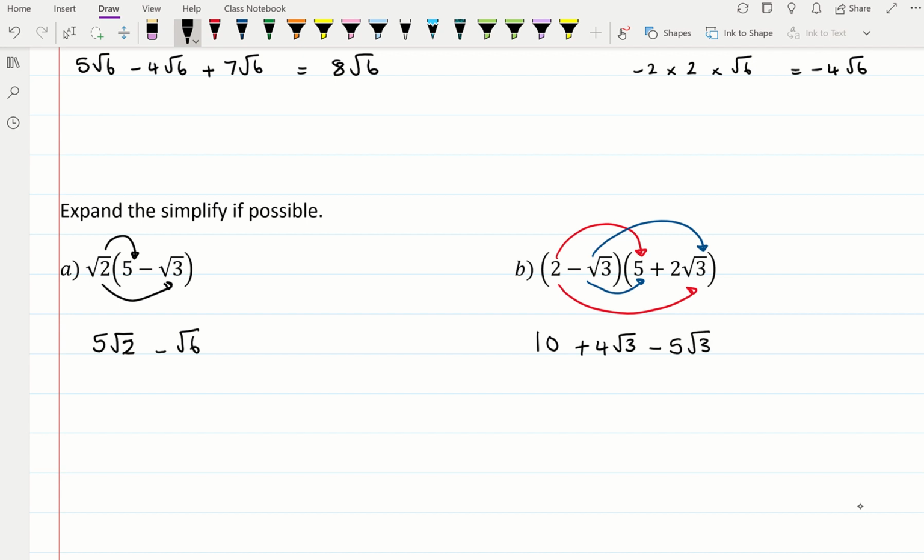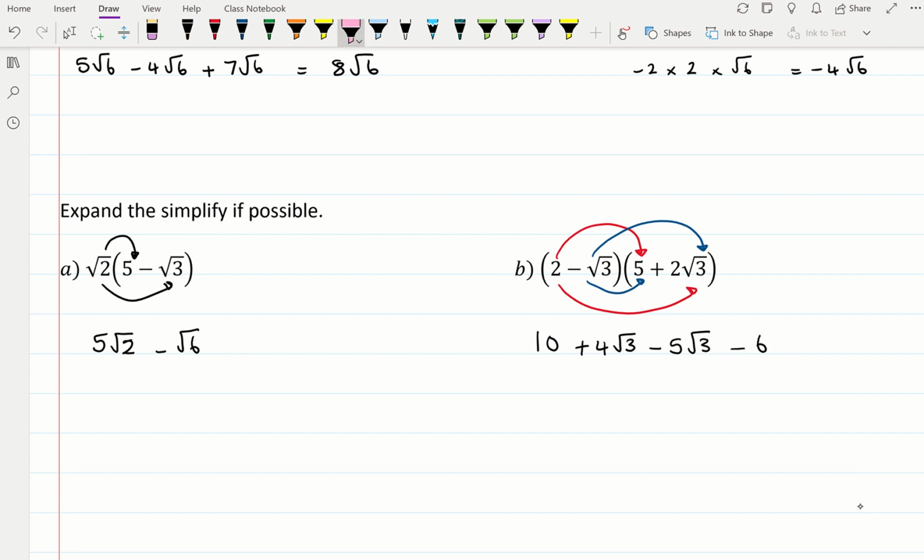And then a negative times a positive is a negative, so root 3 times 2 root 3. Root 3 times root 3 is simply 3, so this becomes 2 times 3, which is 6. So that becomes negative 6.